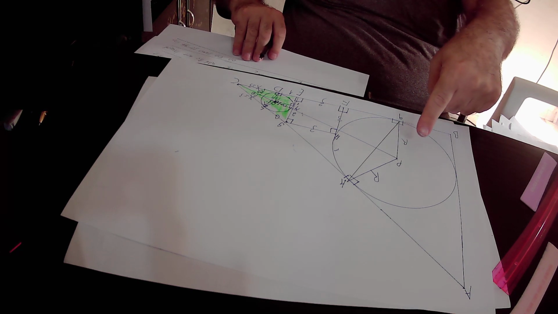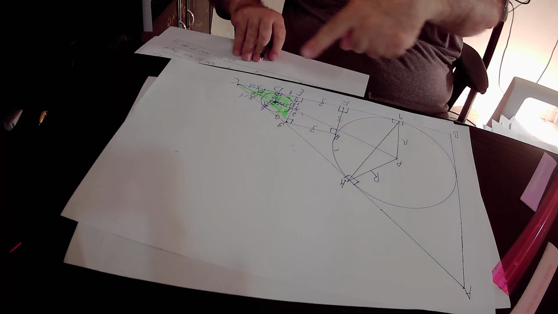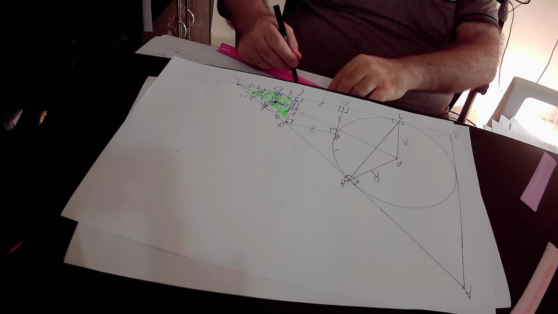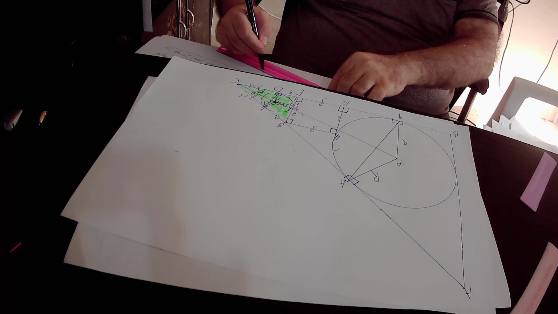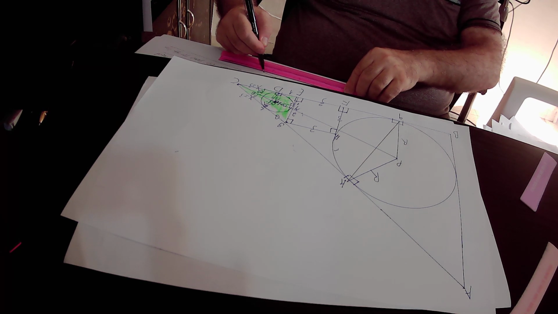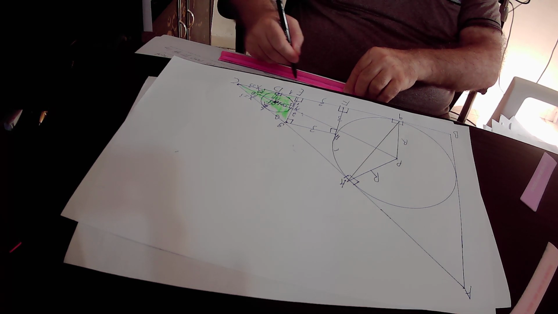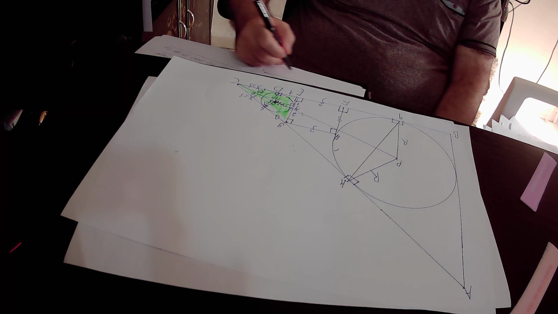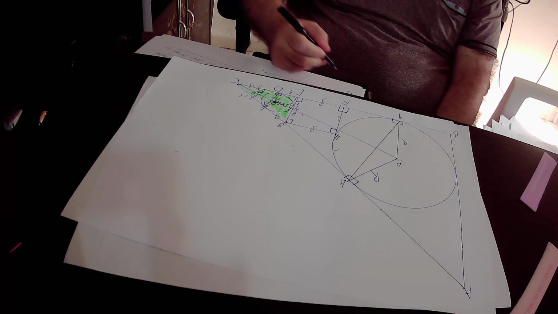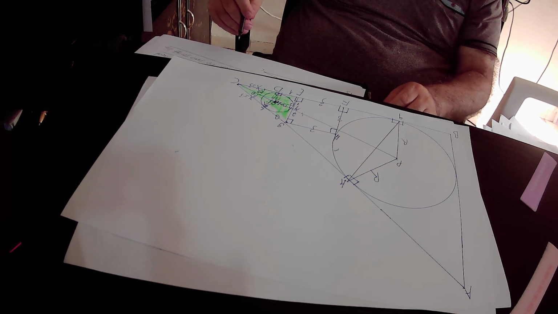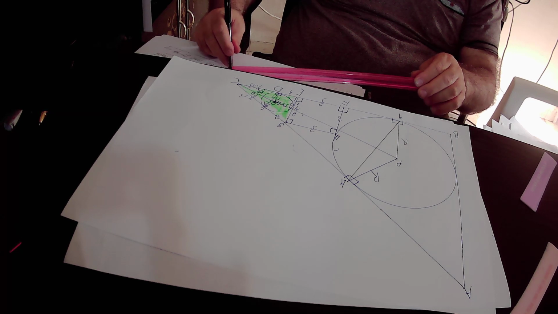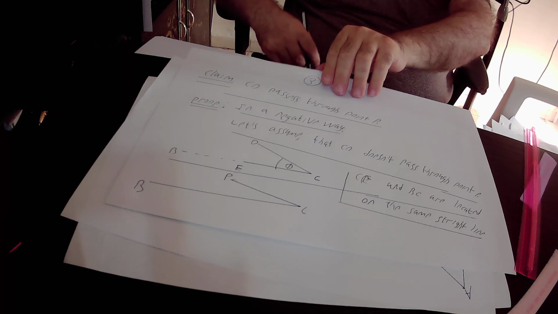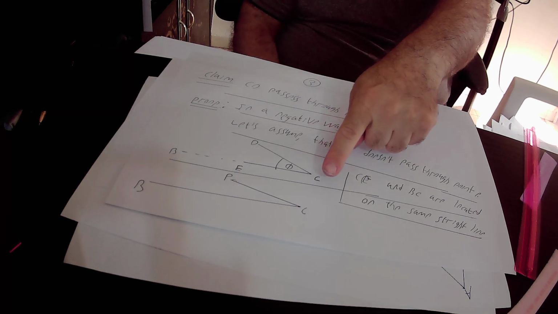The second angle is angle PCB. So this is the second angle PCB.